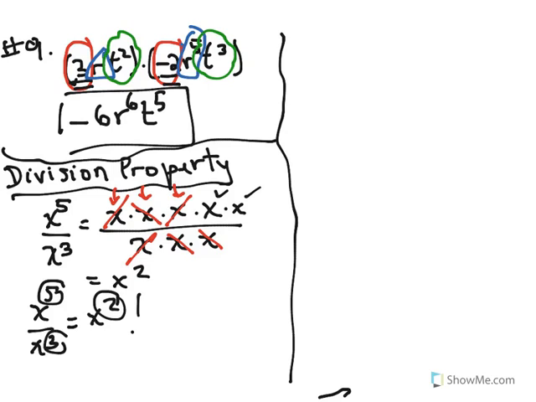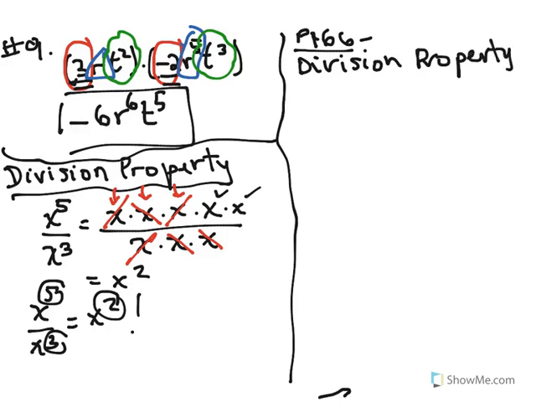So I get now to the property in page 166, which is the division property, okay? Division property. The division property deals with how to divide exponential expressions. So what happens if I divide a to the m by a to the n?